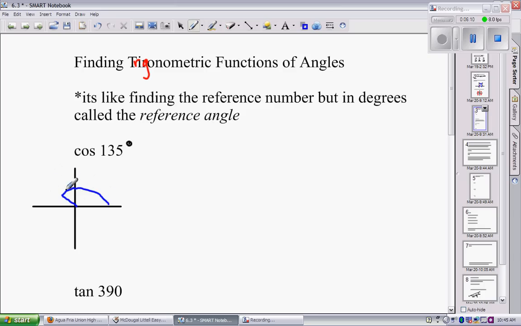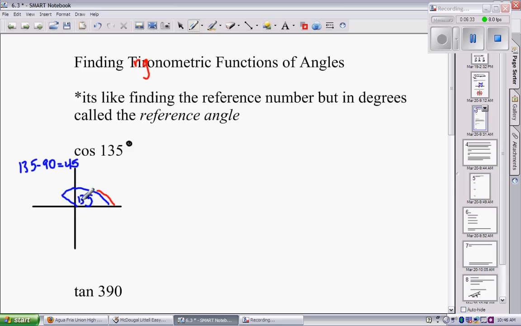We went 90, so after that we went 45 additional degrees. 45 is going to be our reference angle. It's like the reference number, except now we're in degrees.